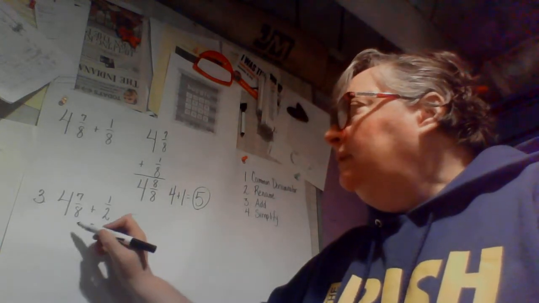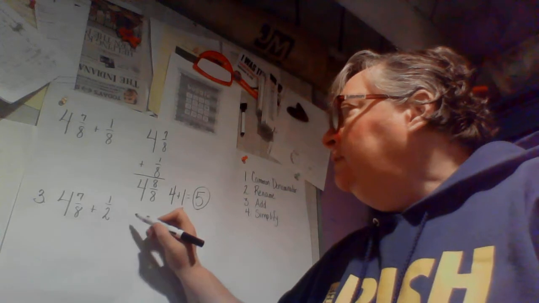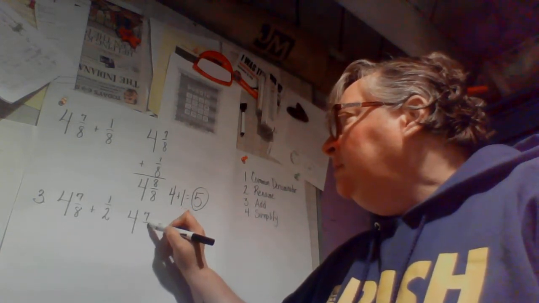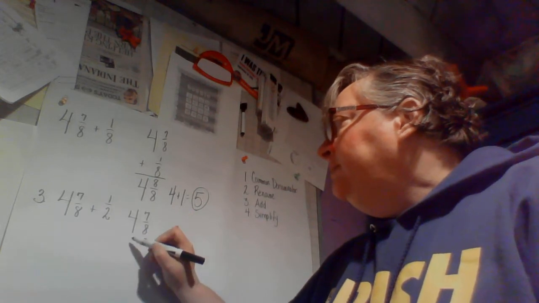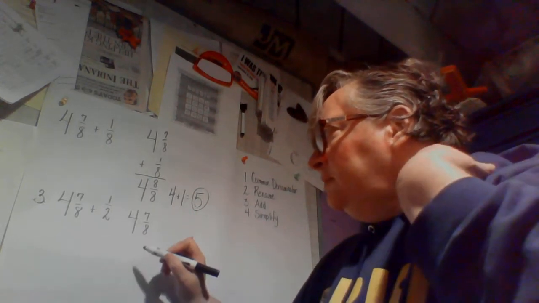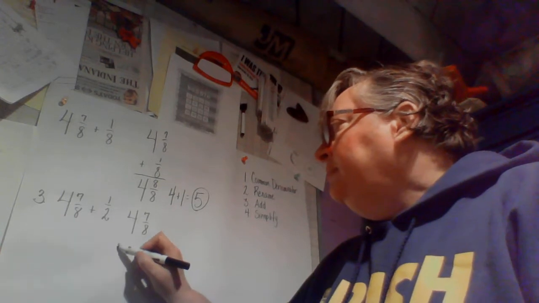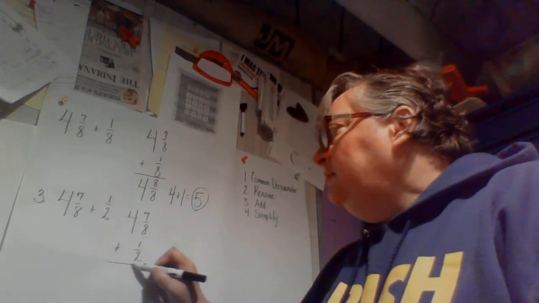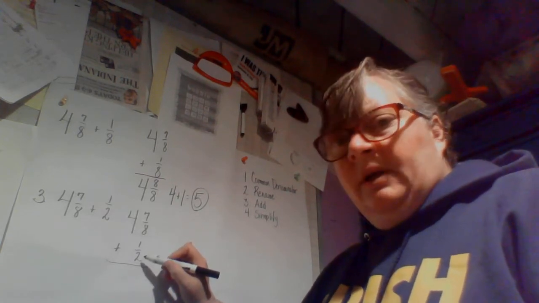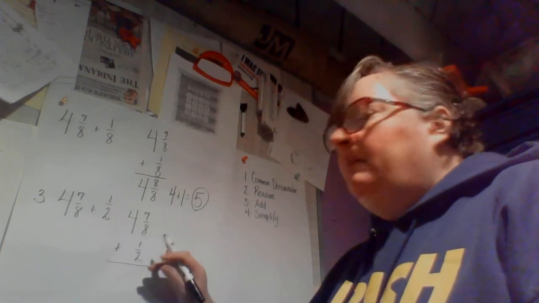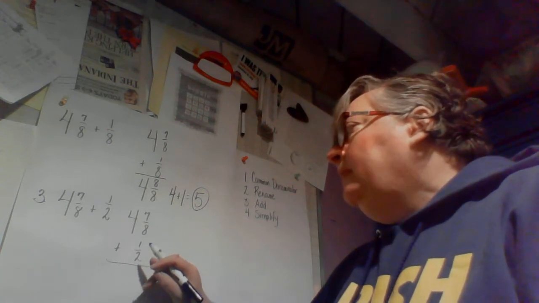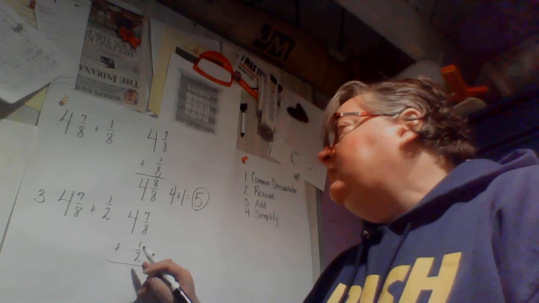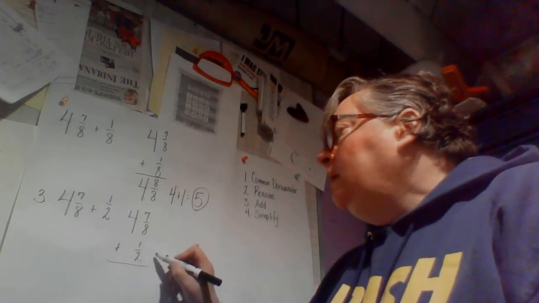But the first thing I'm going to do is I'm going to find common denominators for our fractions. So I'm actually going to start with the 2 because it's the smaller number, not the smaller fraction.